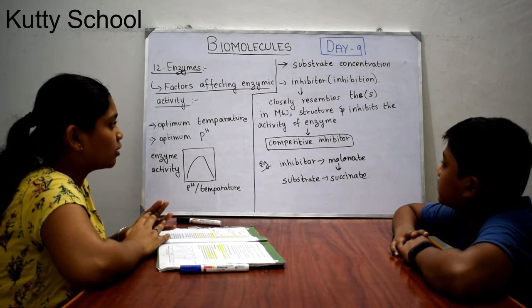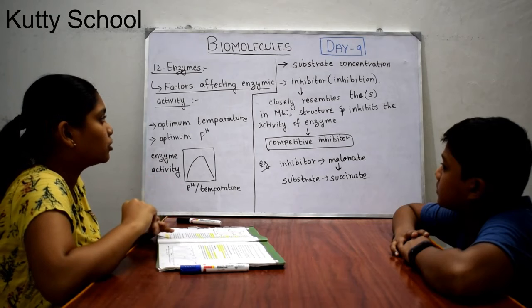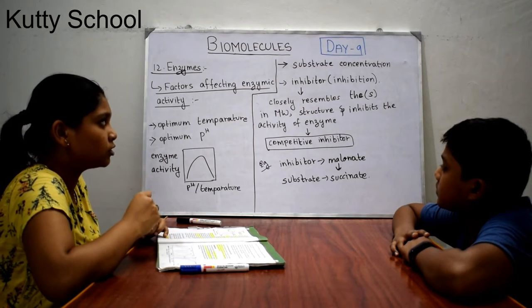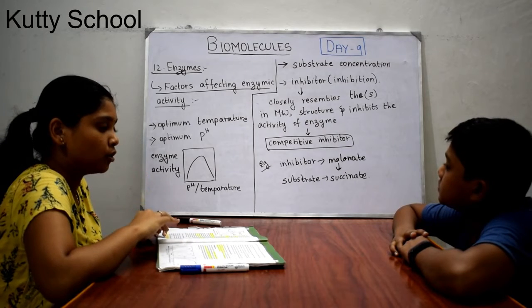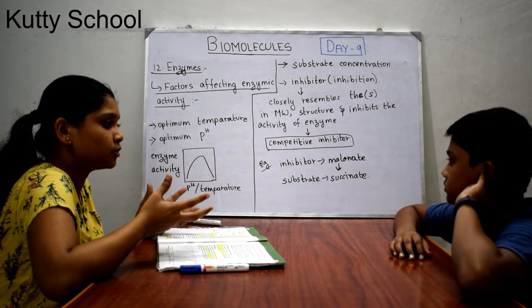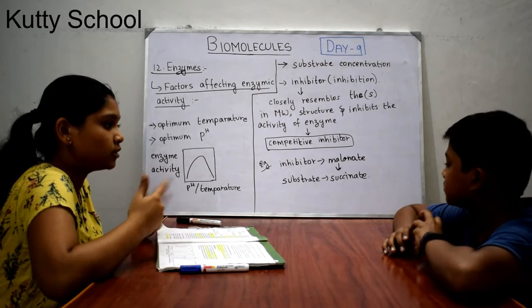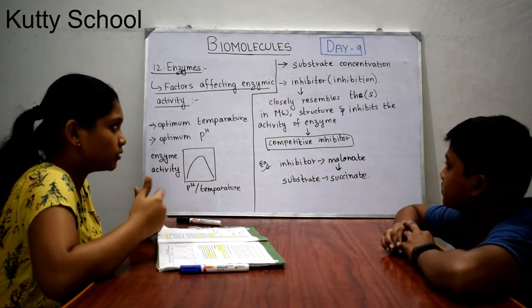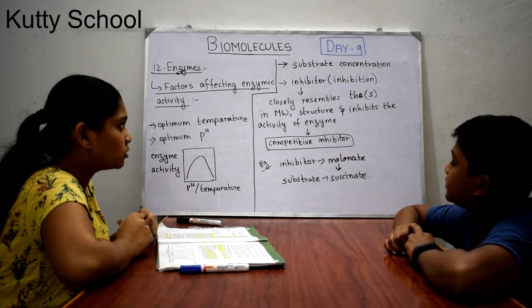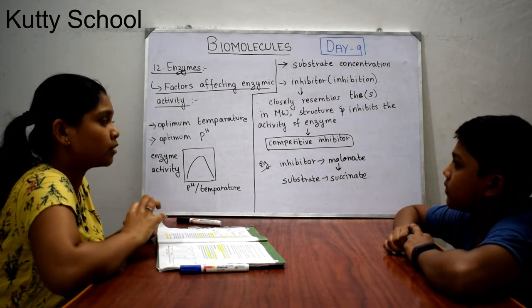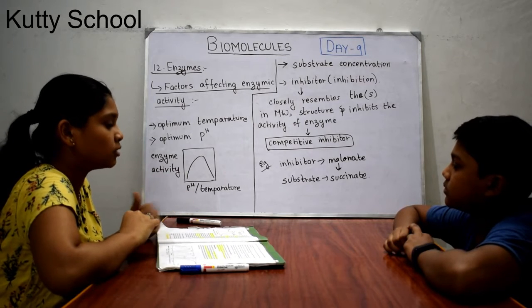As the process continues, when the substrate concentration is still higher, the enzymatic activity will be less, because there will be no free enzymes to take up that substrate in their active sites. The enzymes will be used up, and the substrates will remain. So if substrate concentration is high, first the enzymatic activity is high, and it reaches the maximum velocity.